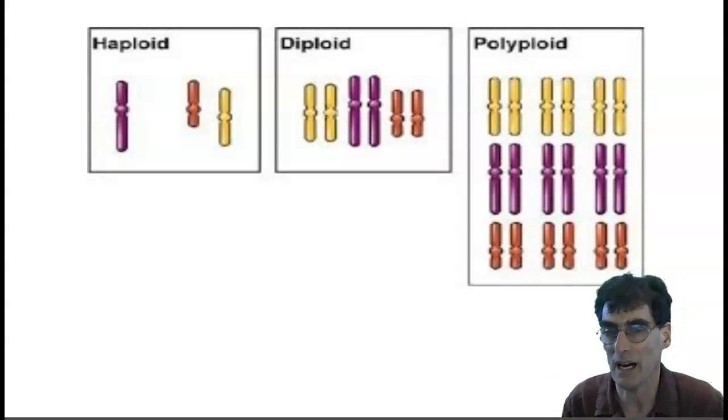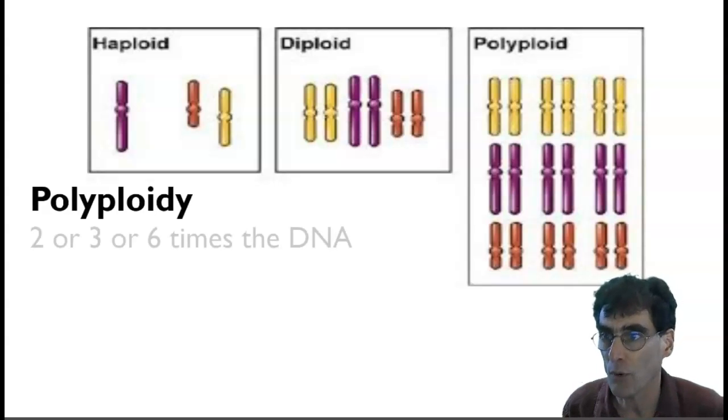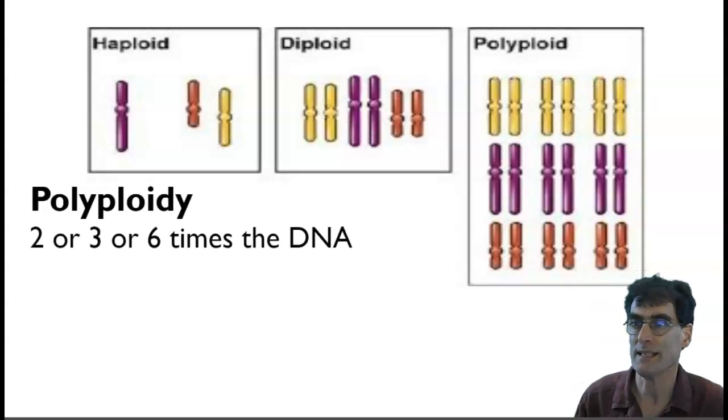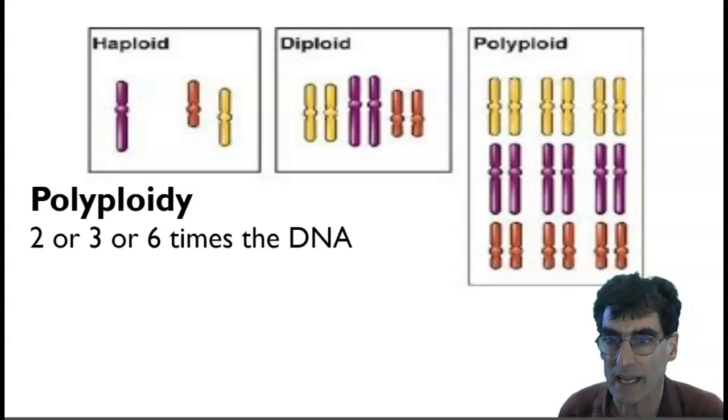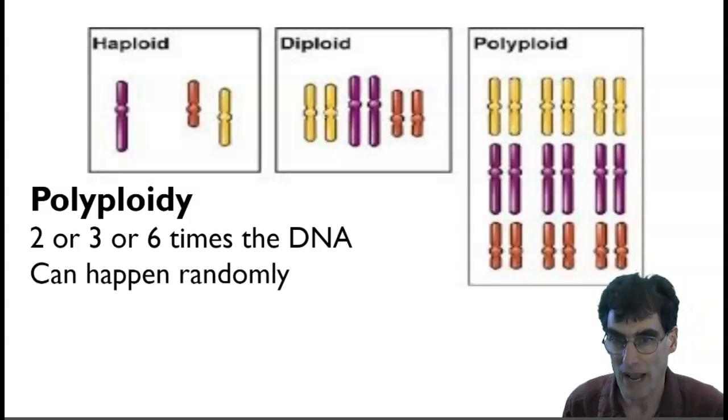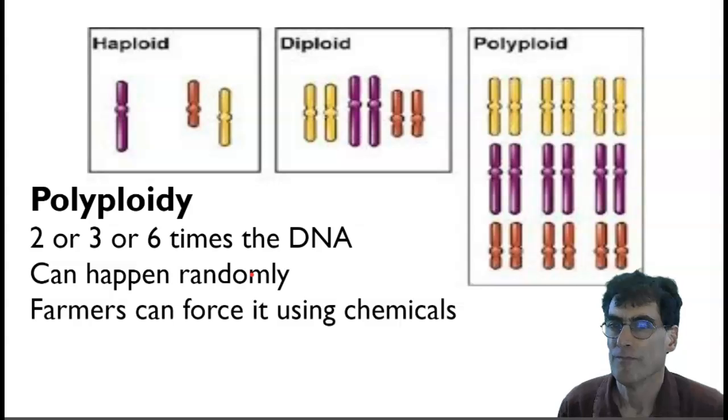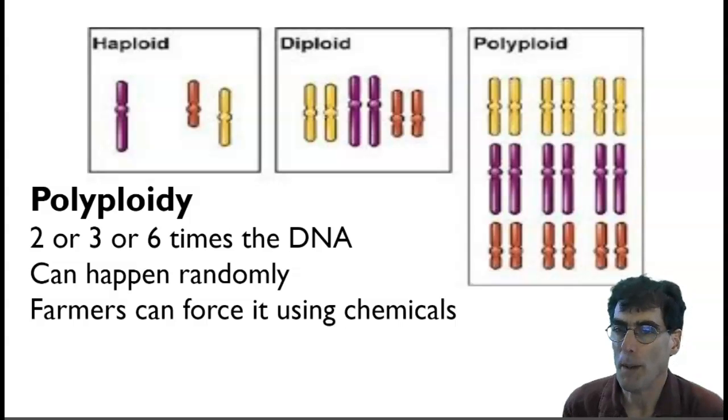And so that's called polyploidy, right? You can have twice the DNA or 3 times or 6 times the DNA. And it happens randomly. We can make it happen. So farmers can make that happen. Why would they, though? Why would a farmer make a plant polyploid? What's the benefit of having 3 times or 6 times the DNA?